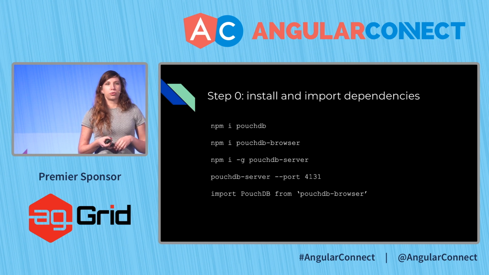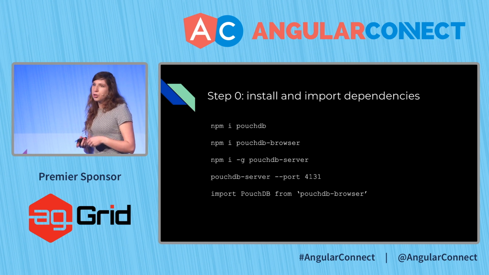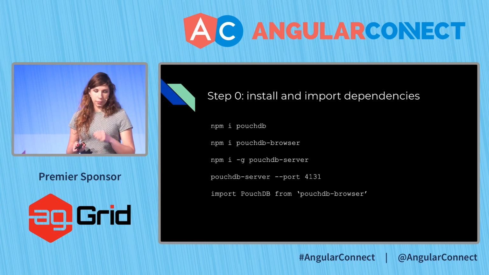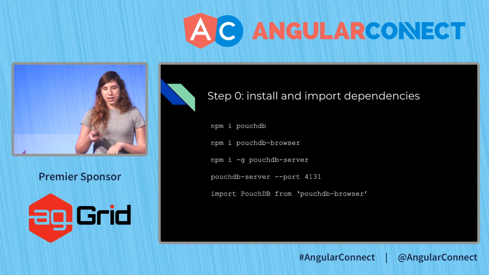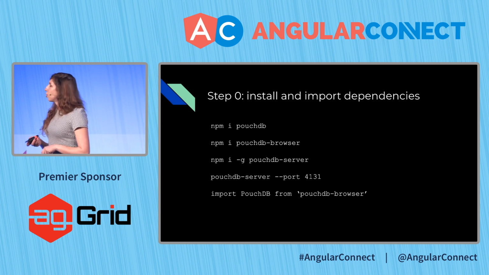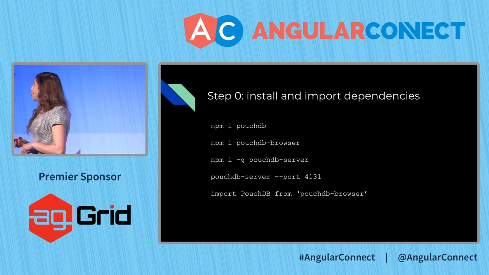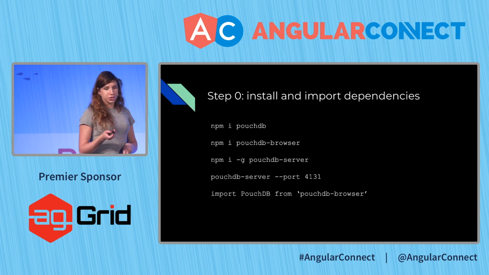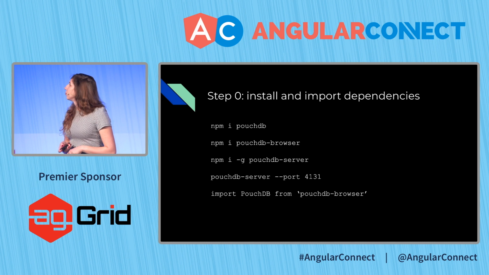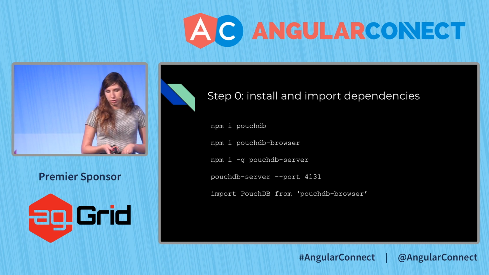If you don't want to install other dependencies, like for example LevelDB, I recommend you to use the second one. The next step is installation of the PouchDB server, because you need to serve your local data in your app. Then you need to serve it, and if you want to apply it in your app, you need to use the last command.